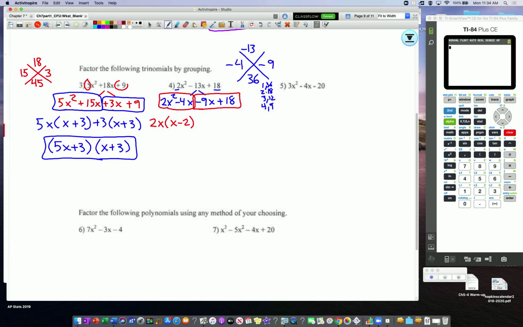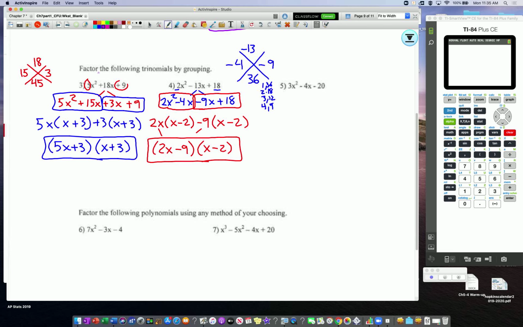Factor out what the next group has in common. They have a minus 9 in common. Again, when I take out that negative, that causes that 18 to go negative. So now the outsides become my first set of parentheses, 2x minus 9 sets of x minus 2s. And lo and behold, we're good to go there.